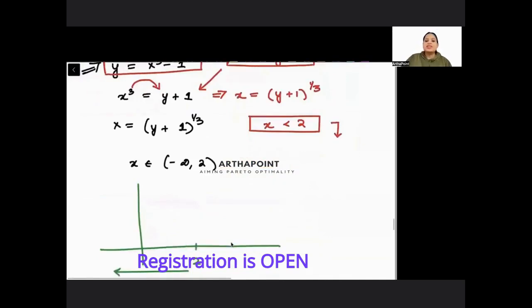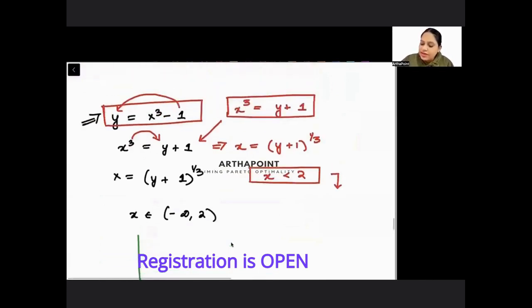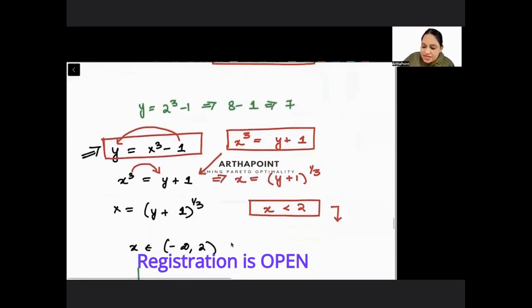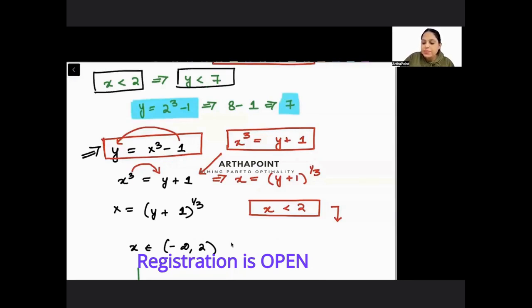If I put x exactly as 2, what will I get? I will get y is equal to 2 cube minus 1, which is equal to 8 minus 1, which is equal to 7. So if x is less than 2, it means that y is less than 7, क्योंकि x equal to 2 पे y exactly 7 आ रहा है.